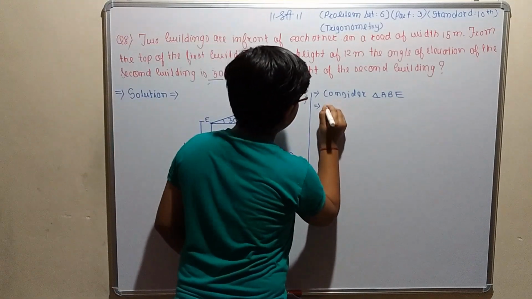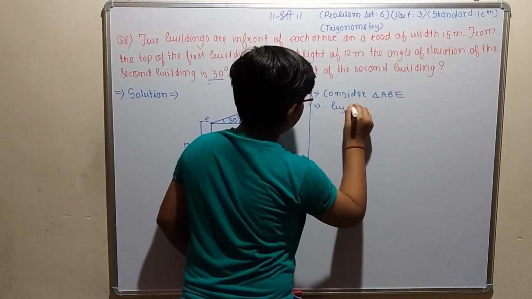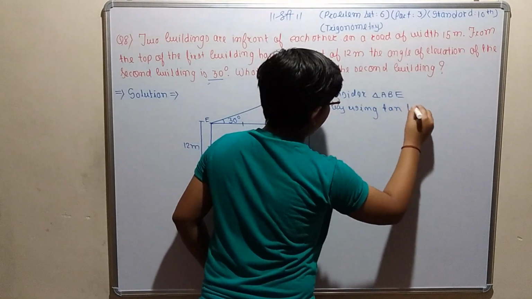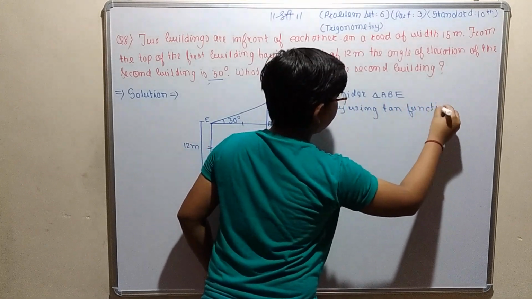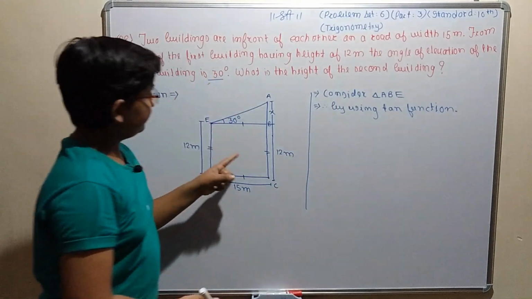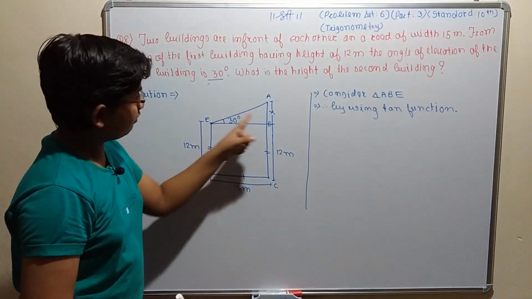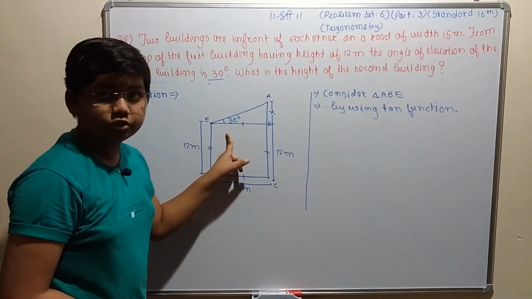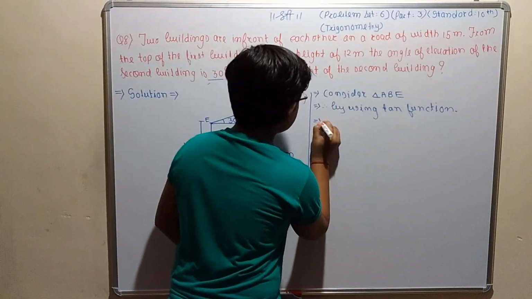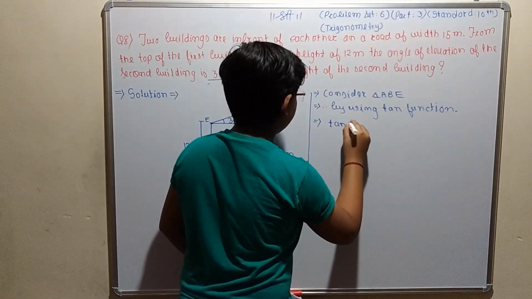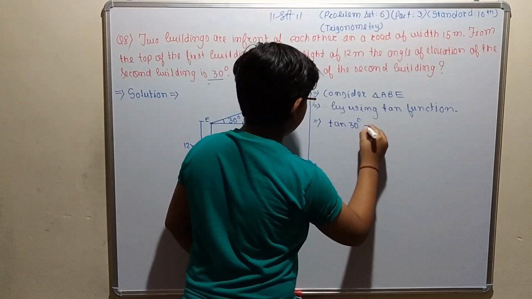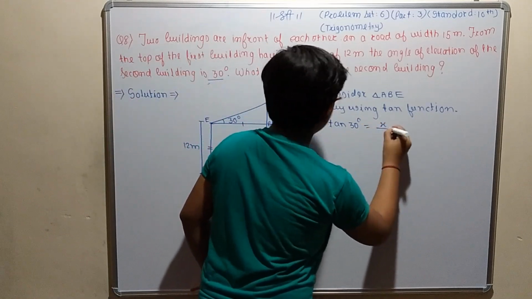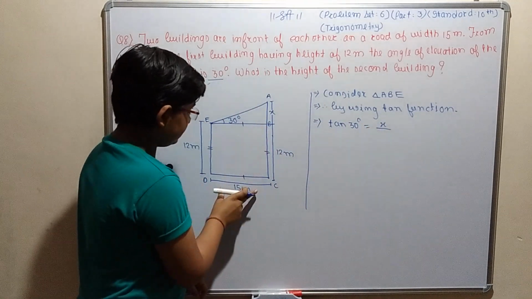So by using the tan function, we can say that tan 30 degrees is equal to x by 15. EB is equal to DC. That means EB equals 15. So tan 30 degrees is equal to the opposite, which is x, divided by EB, that is 15 meters.